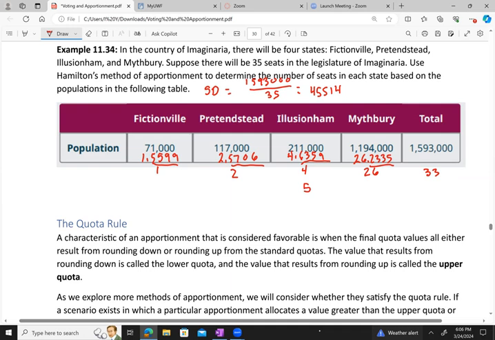And then we look for the next highest, which is 0.5706, and we add 1. So that's our 2 remaining. So this stays at 1, and this stays at 26, and when I add them up, I get 35. And I am done.